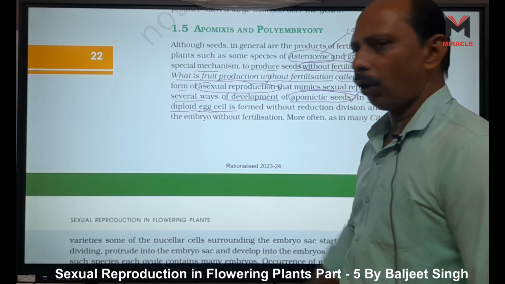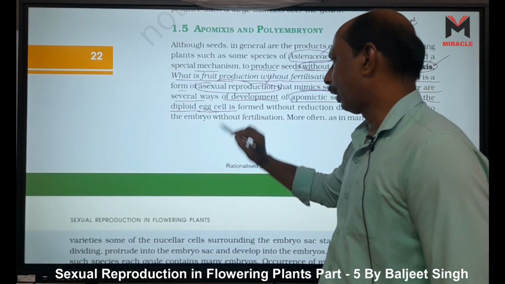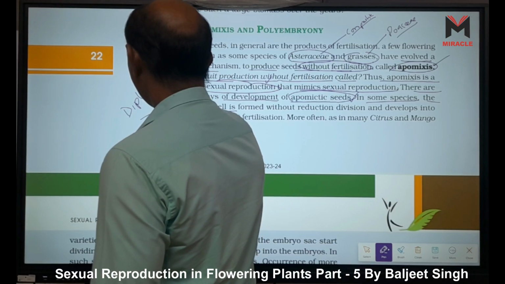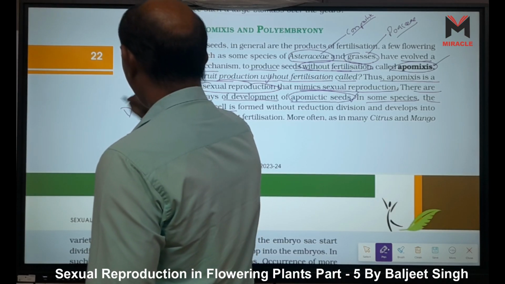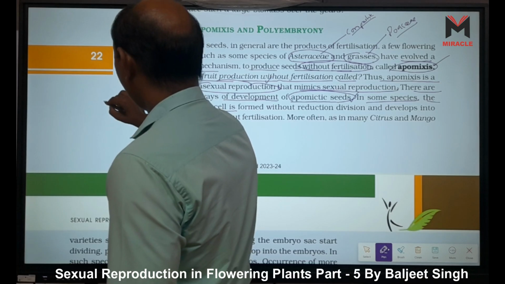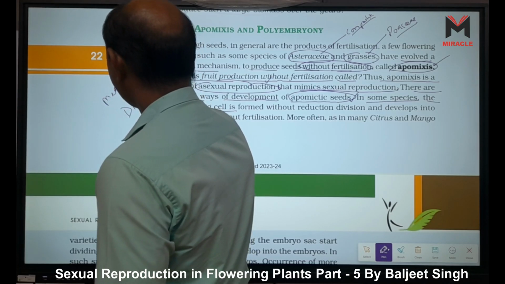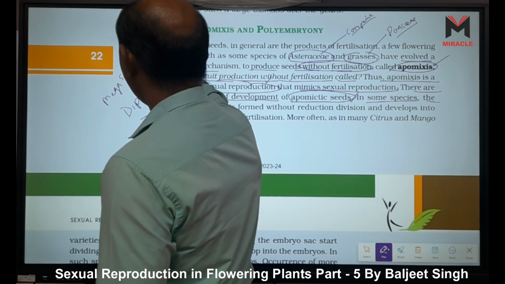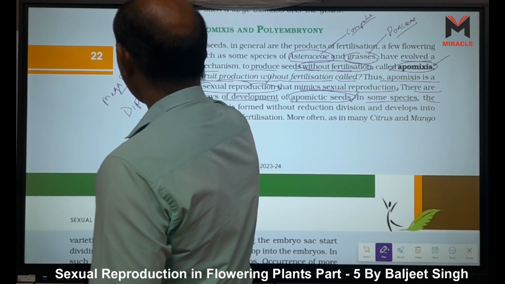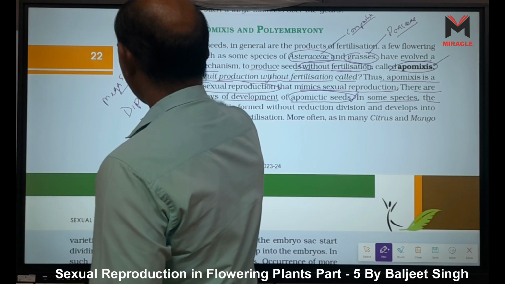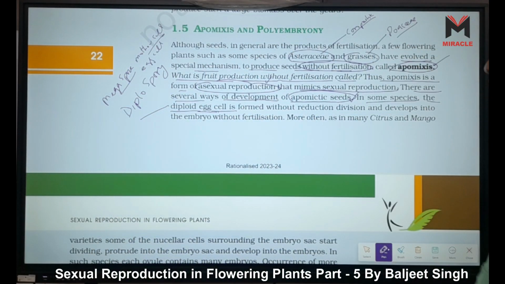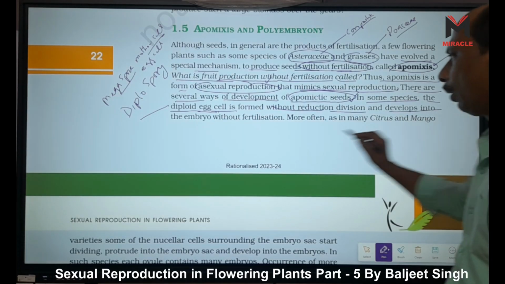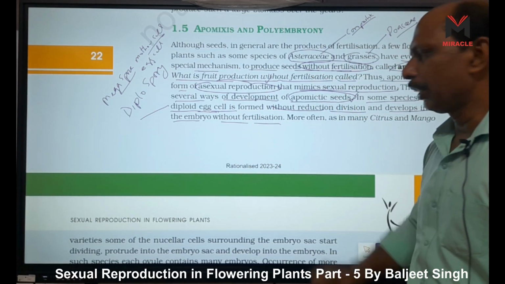Diploid egg cell, it is called diplospory. When the megaspore mother cell directly develops into an egg cell or embryo sac, diplospory, without reduction division, means without meiosis, and develops into the embryo without fertilization, right.